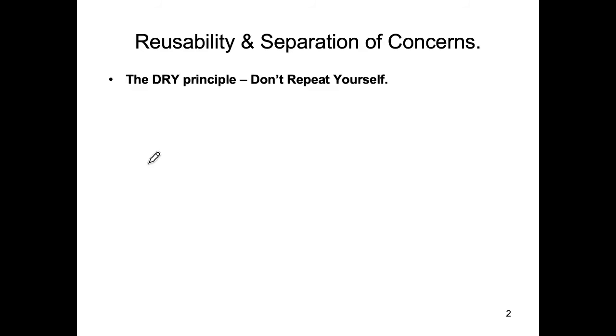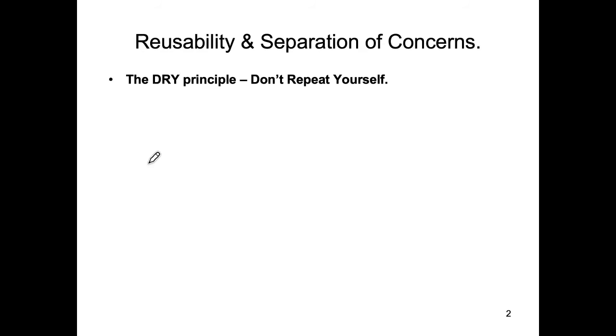DRY and reusability and separation of concerns, they're all kind of interlinked, and they're all trying to achieve the same outcome, which is to break up your software's architecture into a collection of modules, where as many of those modules as possible are reusable within the application or across applications.